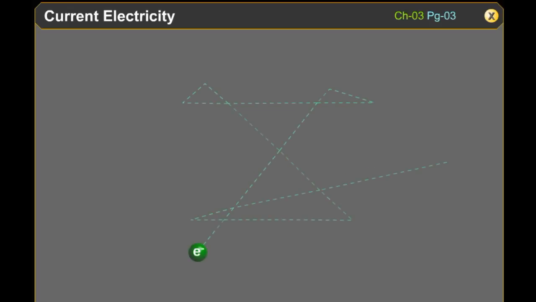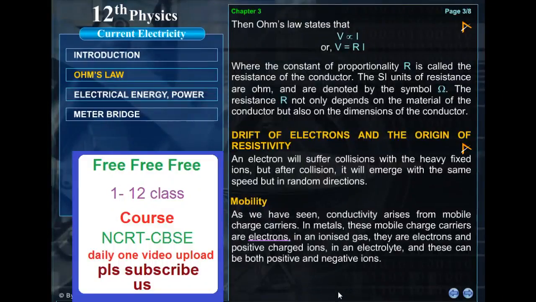The dotted line shows that if an electric field is applied, the electron ends up at point B prime. A slight drift in a direction opposite the electric field is visible. An electron will suffer collisions with the heavy fixed ions, but after collision, it will emerge with the same speed but in random directions.